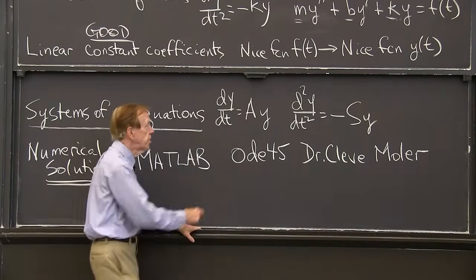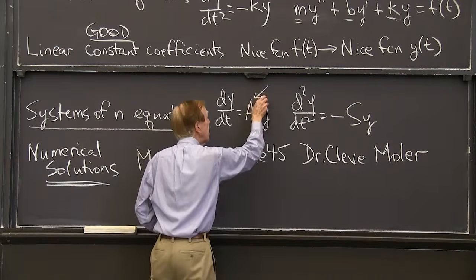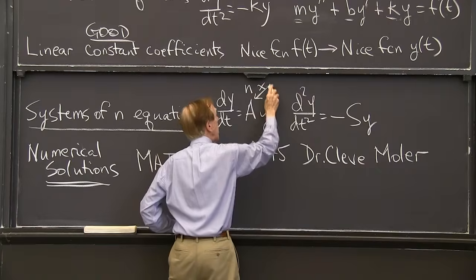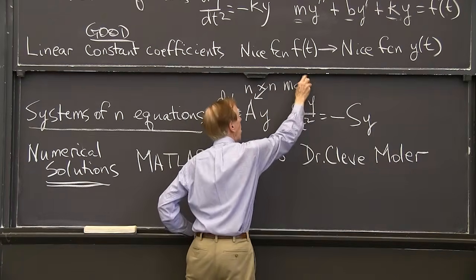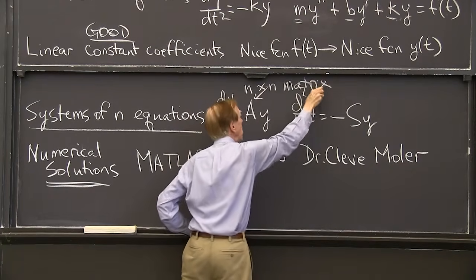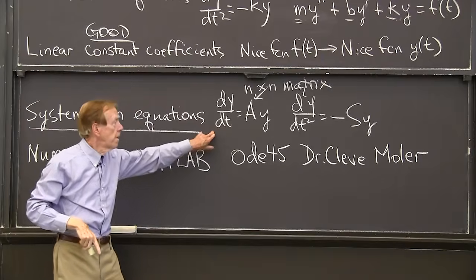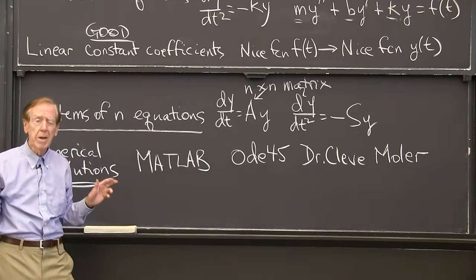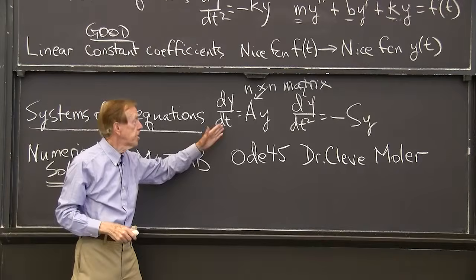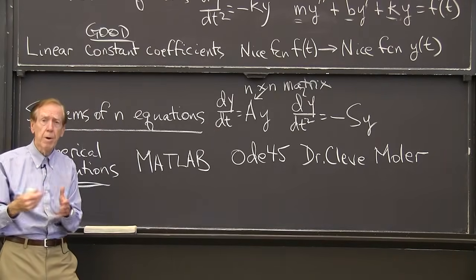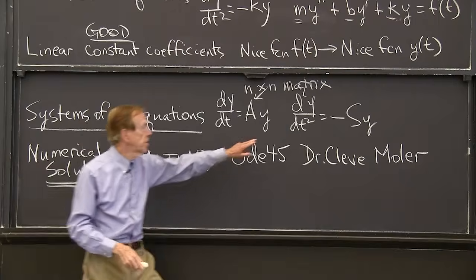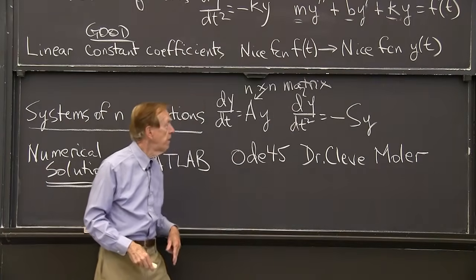That's n equations. So here, that is an n by n matrix. So it's first order, constant coefficients, so we'll be able to get somewhere, but it's a system of n coupled equations.